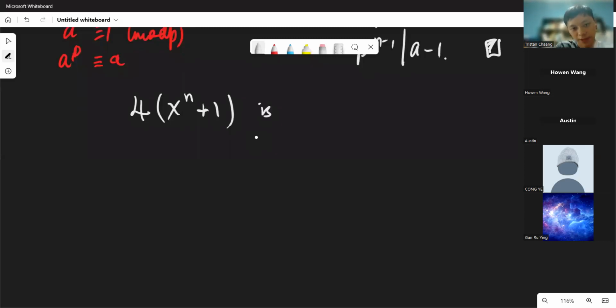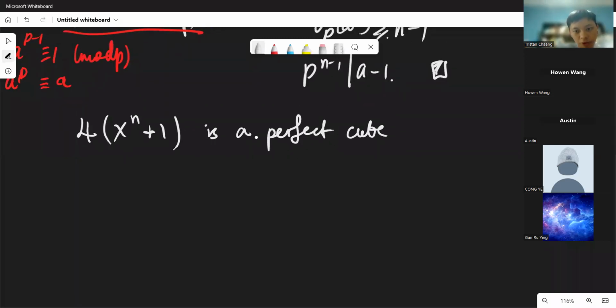Is a perfect cube for all integers x greater than 0.